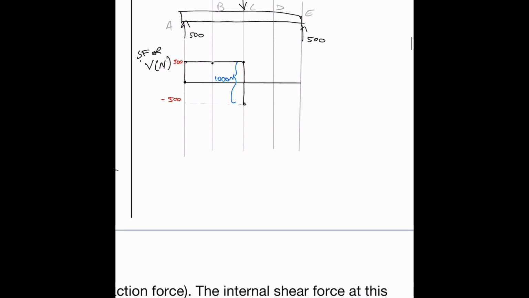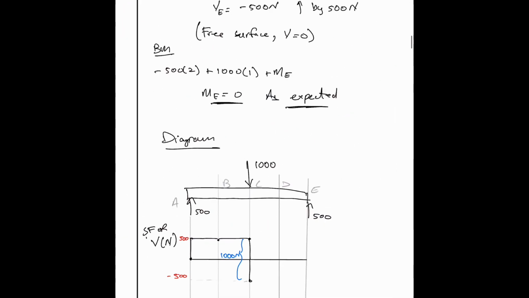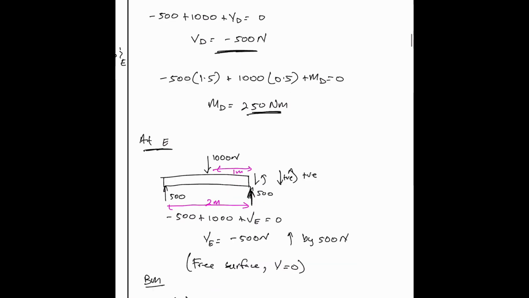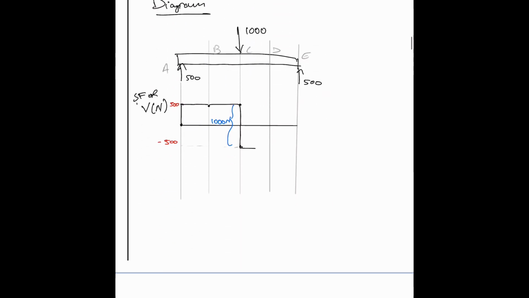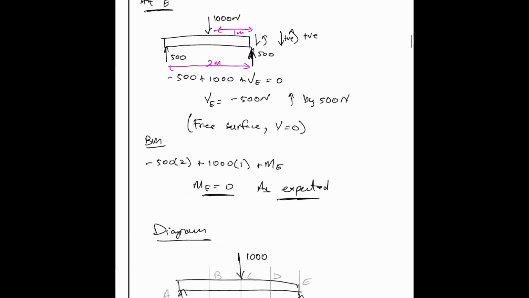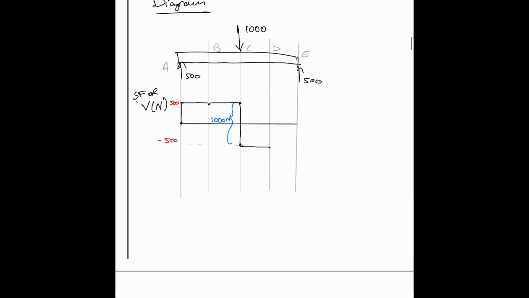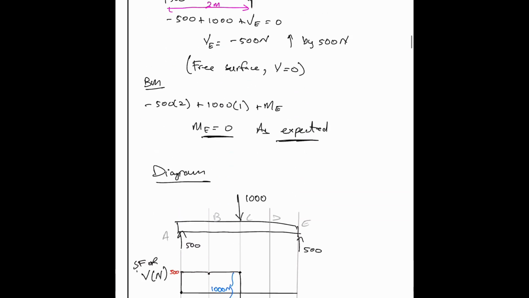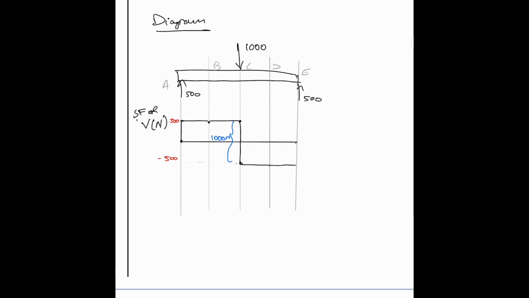At point D, the value for shear force was again minus 500, and at E, minus 500, and then it was up by 500, so it goes back up on the graph to 0. So this here is our shear force diagram. We haven't done the bending moment diagram yet.